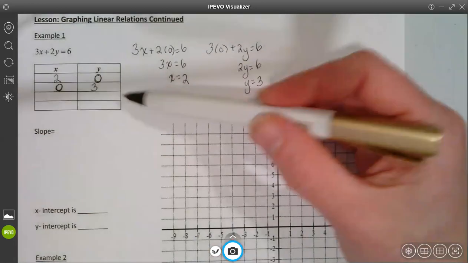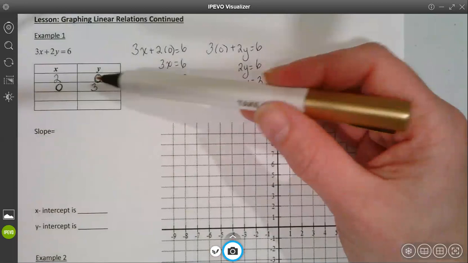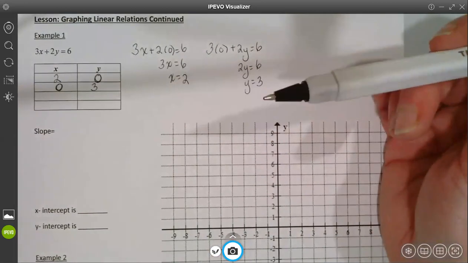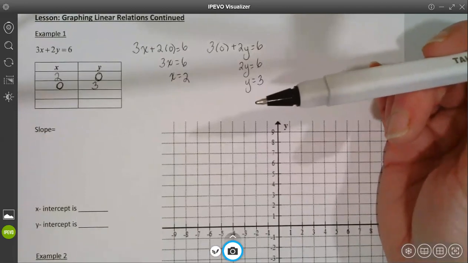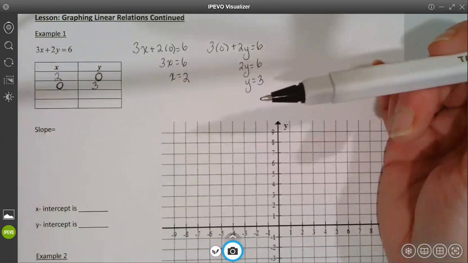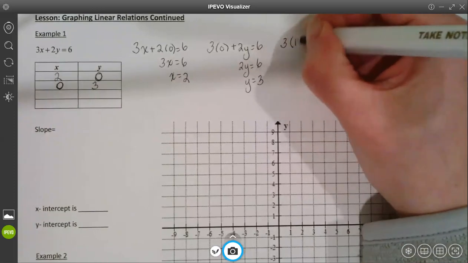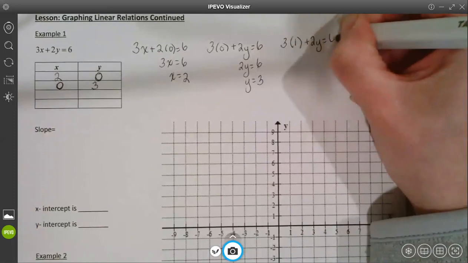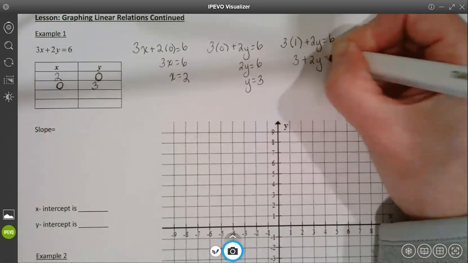Now we need to come up with two other points. In the past, we have provided you either the x value or the y value, and now it's up to you. So you have a choice of what you choose for x or you choose for y. So let's choose x is equal to 1. So I'm going to replace x with 1. And then I have an equation that I clean up. 3 plus 2y is equal to 6.